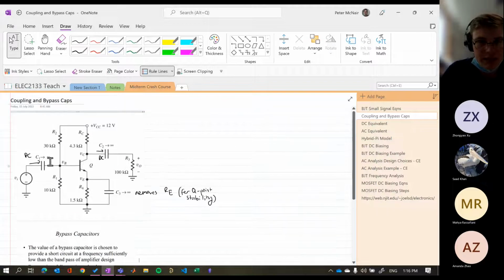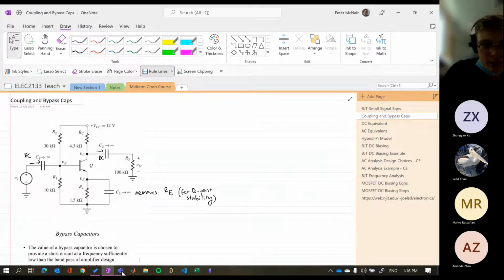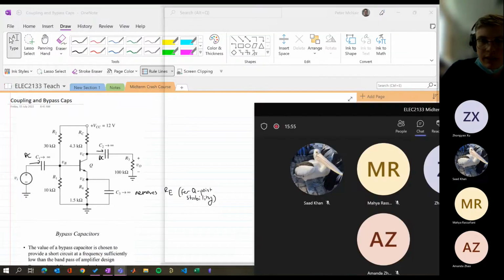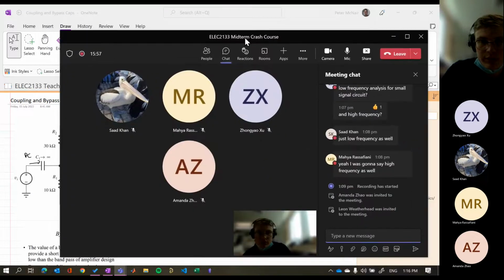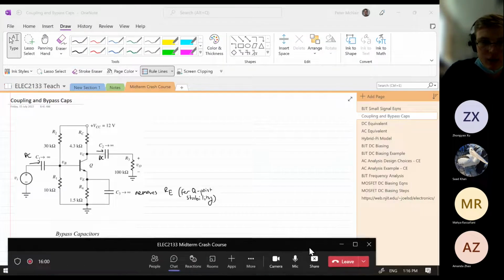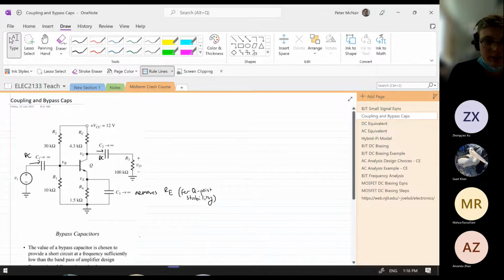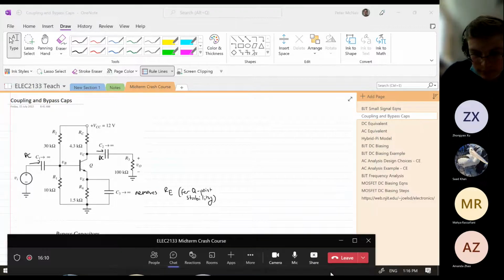Another thing you might see on some circuits. This is going to be sort of the V circuit that we're looking at. Does anyone know what sort of circuit we have here? The term that we use is common something.